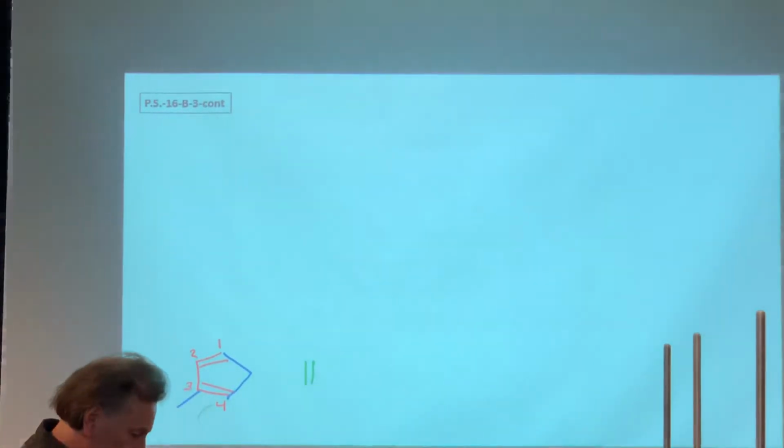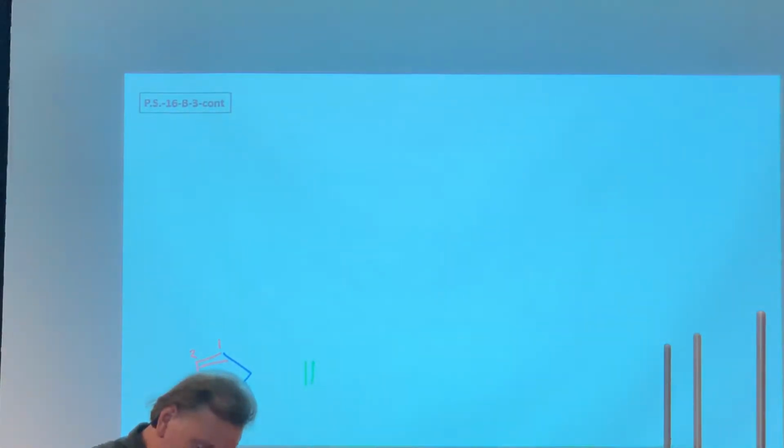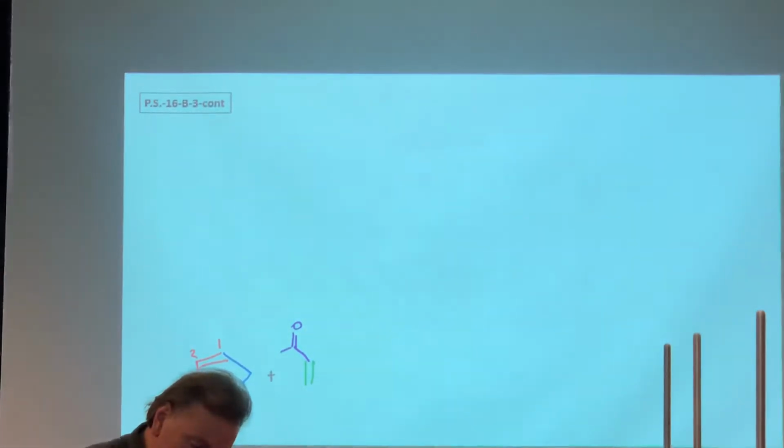And this is the other molecule. And we have the purple bond, so to speak, over here. All right. So when we do the product, the red backbone stays there.